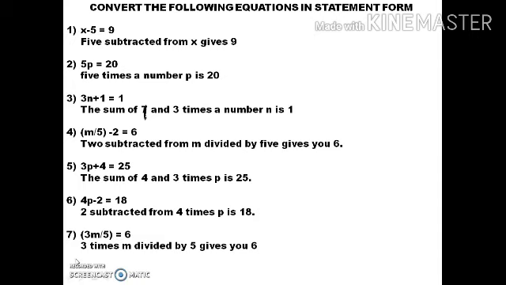That is what you have written in statement form. So students, confirm that you understand the operations given in the equation and you use the same operations in the statement also. Hope you understood it.